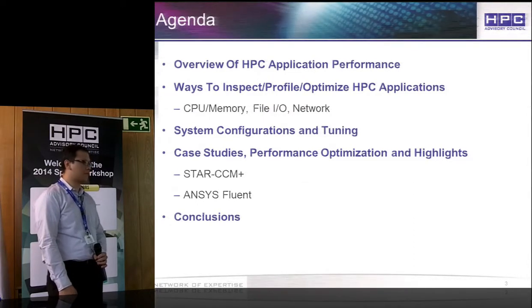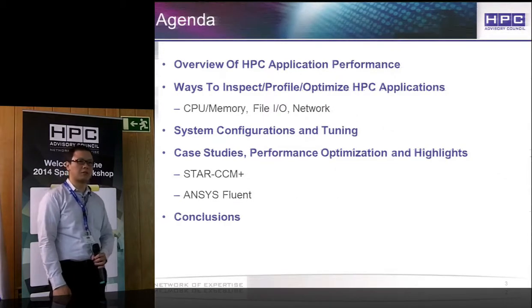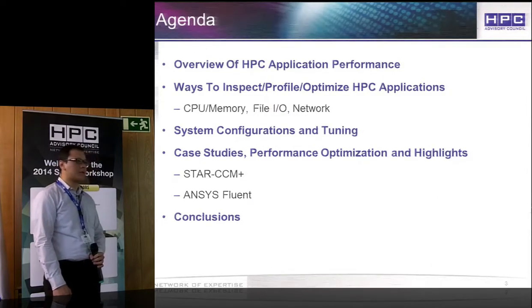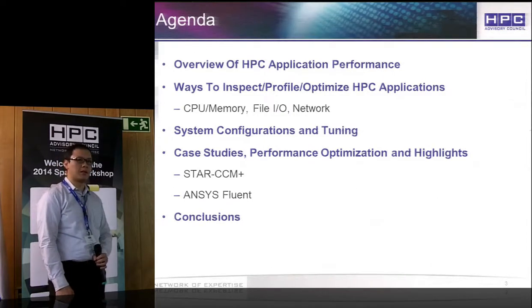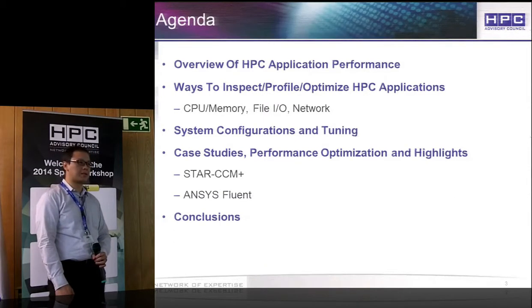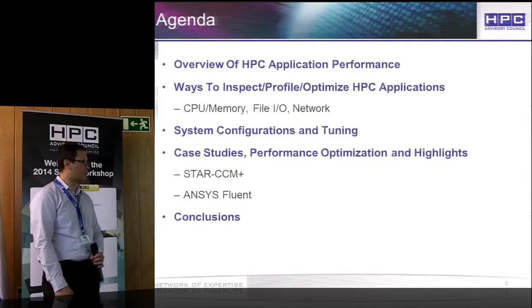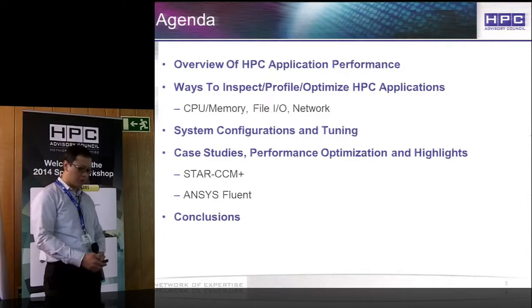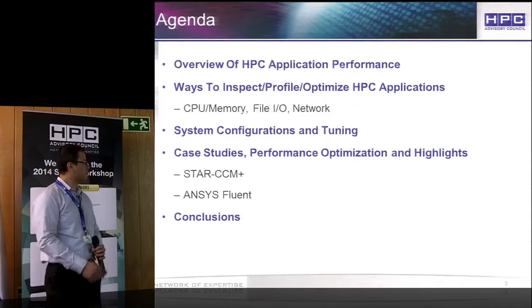STAR-CCM+ is made by CD-adapco, and it's going to be described later on as one of the user applications. The second one is ANSYS Fluent, which is another CFD application that is pretty well known. I use those two cases to see what you can do to maximize the performance of your HPC job, and I'm going to bring you the conclusion a little bit later on.